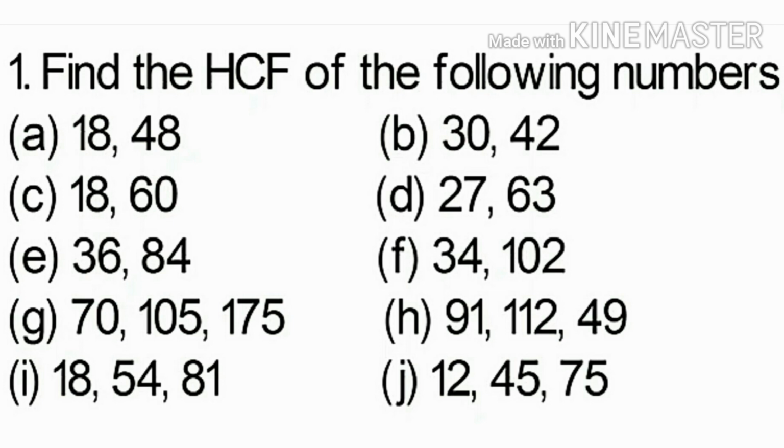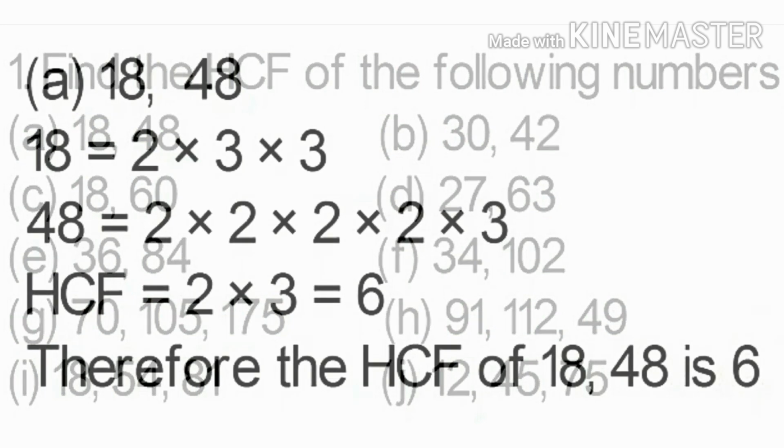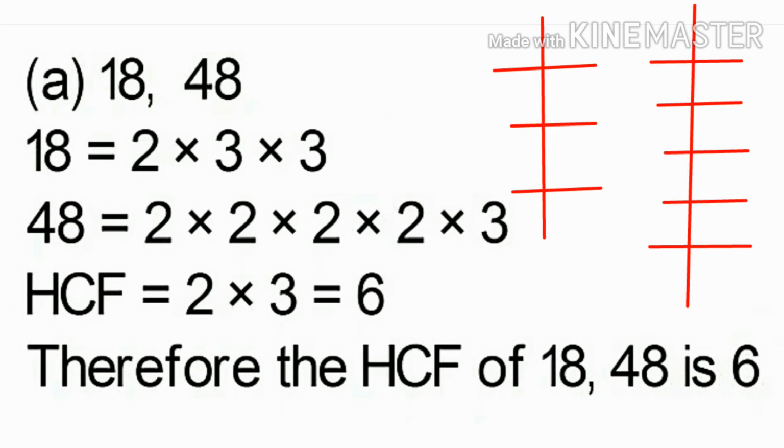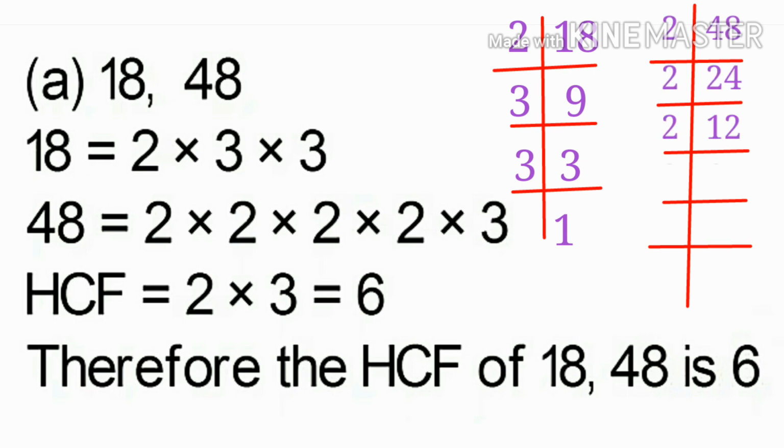Now all these questions I'll do with the prime factorization method only, students, because this is the authentic method, and you can choose the other method also. So A part, 18 and 48: when we do the prime factorization of 18, we get 2 into 3 into 3, and for 48 we get 2 into 2 into 2 into 2 into 3.